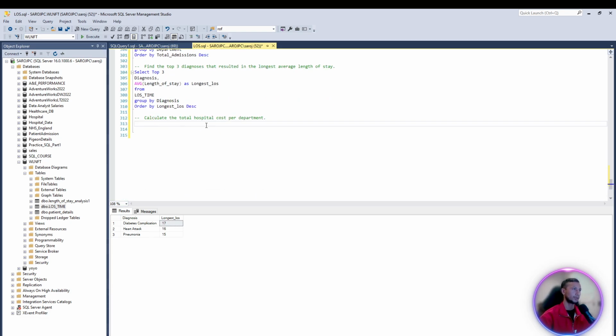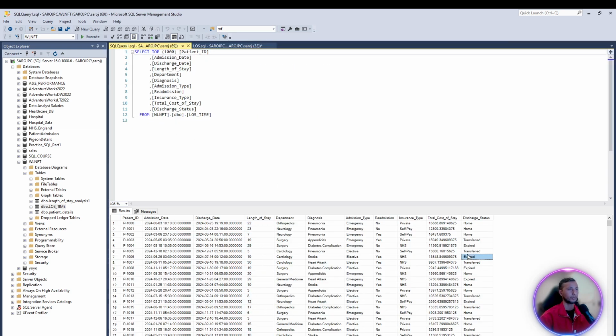Calculate the total hospital cost per department. So we are looking for total cost of stay and we have to group on the basis of department. So how it works is, it will look for the cost of stay for orthopedics. Once we write the query, it will scan this table and look for the orthopedics department, and it will add this value.